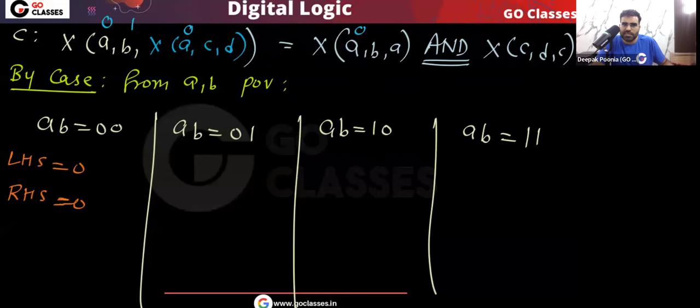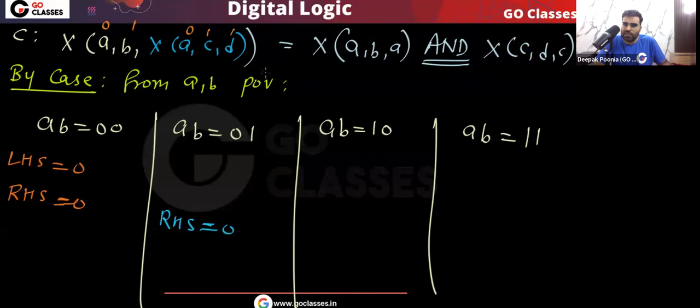So definitely RHS is 0. Yes or no? When AB is 0 1, definitely RHS is 0. Okay. Now, what about LHS? Can I make this LHS 1? A is 0, B is 1. A is 0. So tell me, can I make this LHS 1? Yes, I can make it 1.